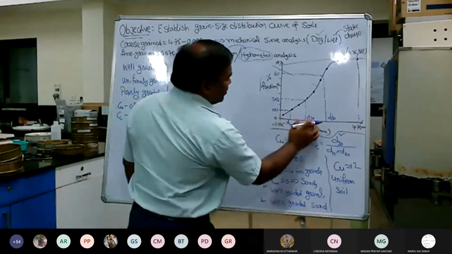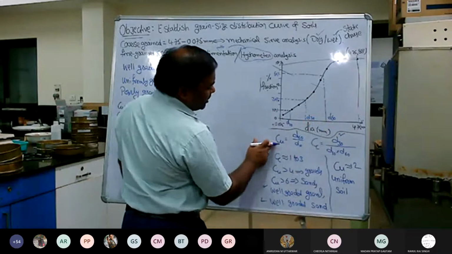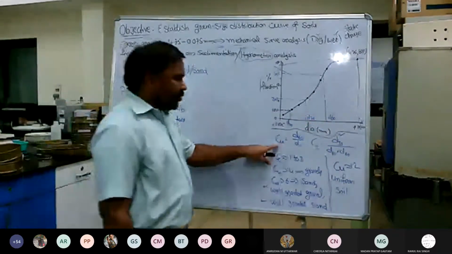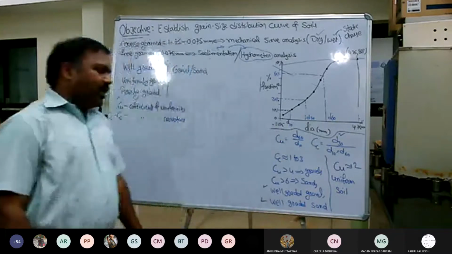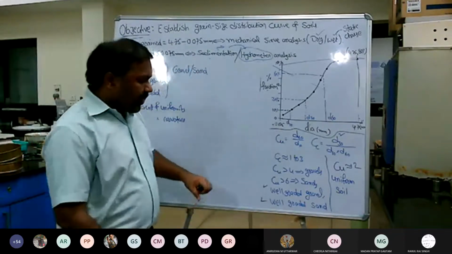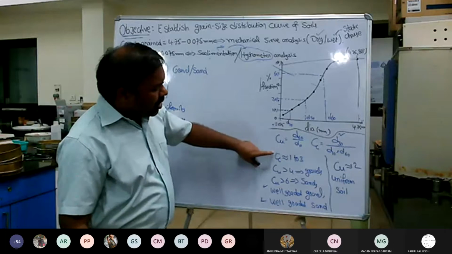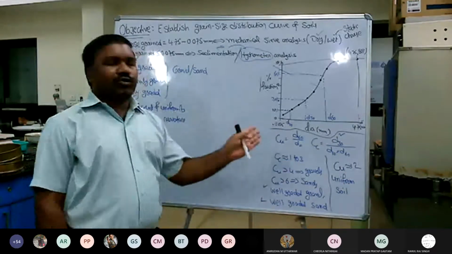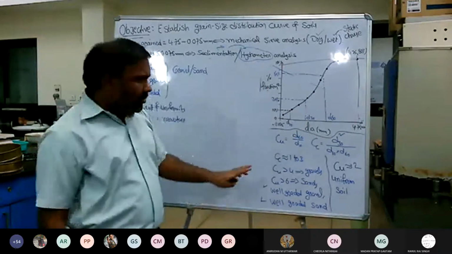Once these three values are obtained, calculate Cu and Cc. Once Cu and Cc values are obtained, some guidelines have been given; you can refer to the handout also. The Cc value should lie between 1 and 3.